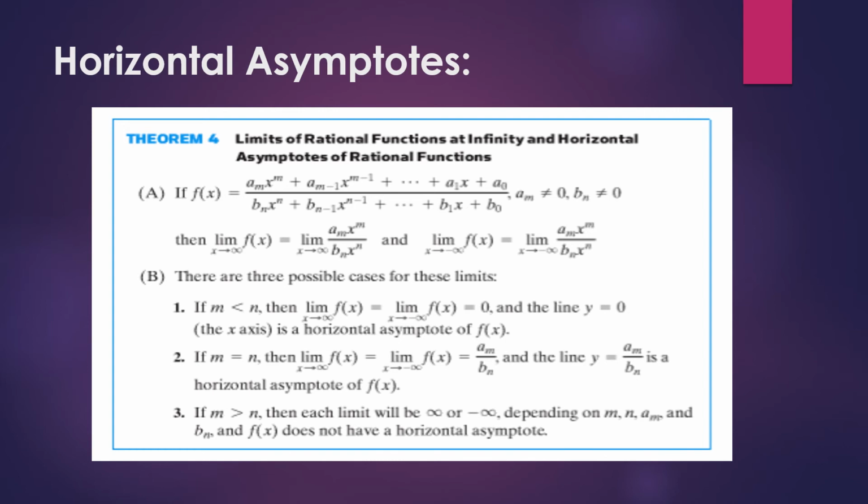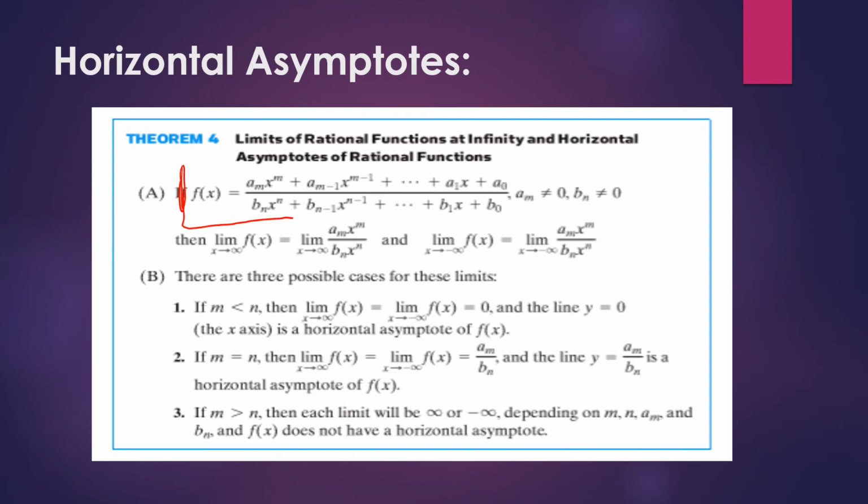So this theorem says that if we've got two rational polynomials, so they're using a's in the numerator and b's in the denominator, they're saying that if I'm taking a limit as x goes to infinity or negative infinity, the only terms I want to look at are the ones that contain the highest degree in both the numerator and the denominator.